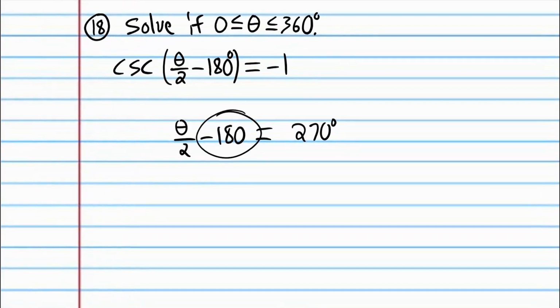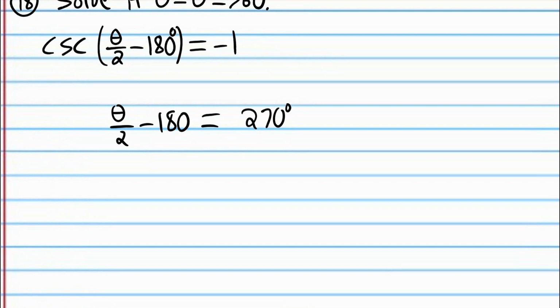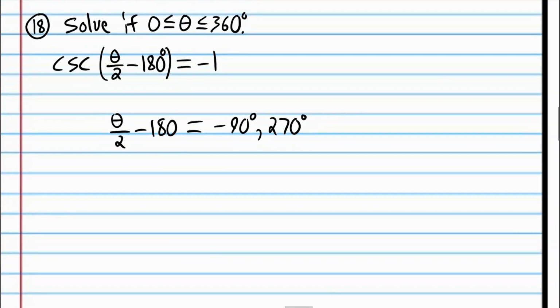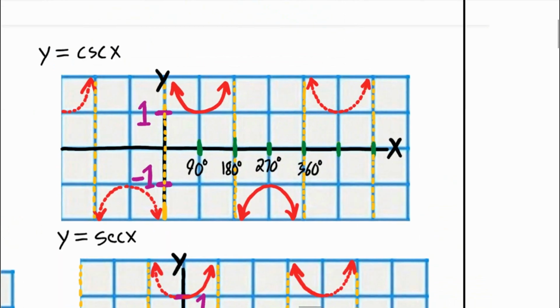When you add 180, we don't know for sure, but it might convert a negative angle that you can plug in here to get negative 1 to a positive, which means that we actually need to consider negative 90. In previous problems, we haven't had to do that. Now again, if you go to your cosecant curve, we have 270 and we have negative 90.